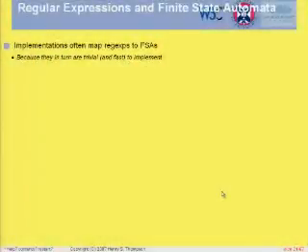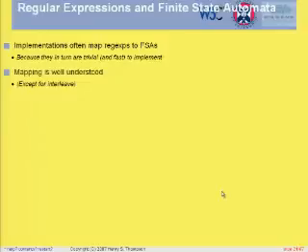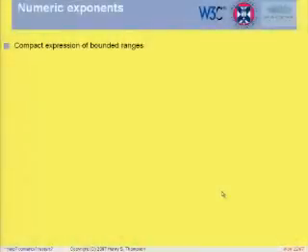Implementations usually map these regexes onto finite state automata because they're easier to work with, and the mapping is well understood except for interleave, which we'll come back to. Published algorithms by Thompson, not me, one of the other ones, and Aho and Ullman from the 60s are the standard reference works here, and they work. But starting with Perl, God knows, back in the 70s, people started putting numeric exponents on these things.